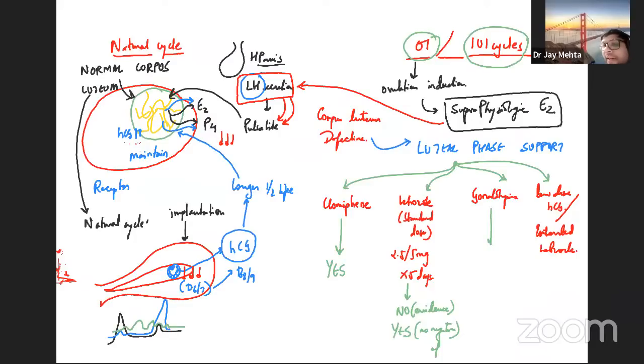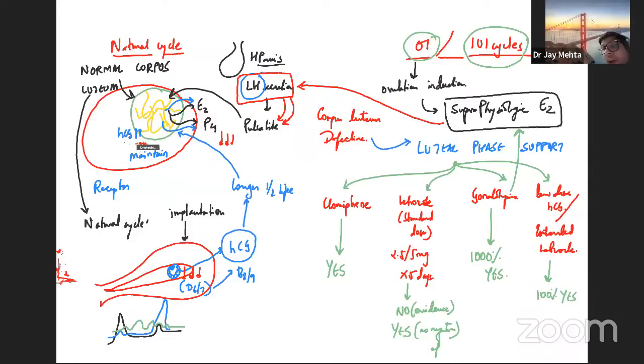Then comes number 3, gonadotropin. 1000% yes. Why? Because in gonadotropin induced cycles, there is a good amount of supraphysiological level of estradiol, and this is going to 100% affect the LH pulsatile secretion. In low dose HCG protocol and extended letrozole protocol, it's 100% yes.